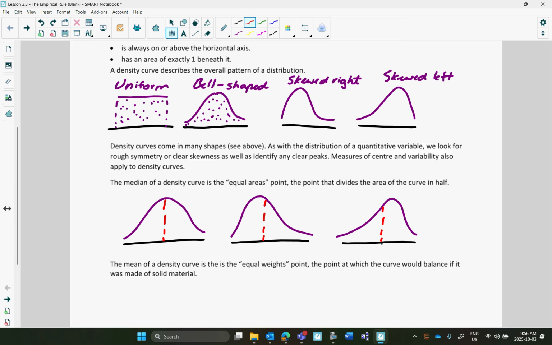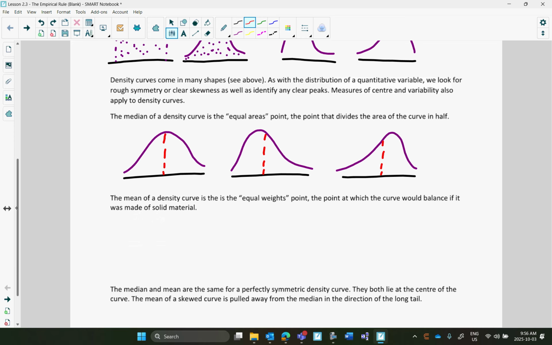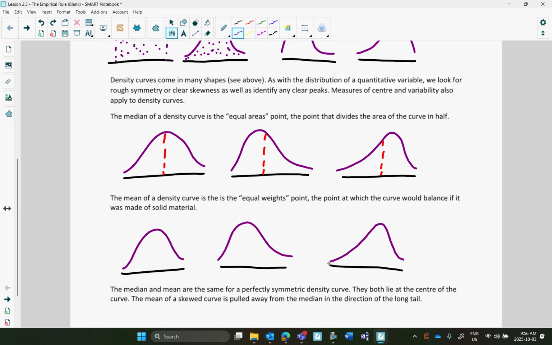The mean is a little bit different. You have to think of it a little differently. You have to imagine the section underneath as like a block of wood, and the mean balances the block of wood.